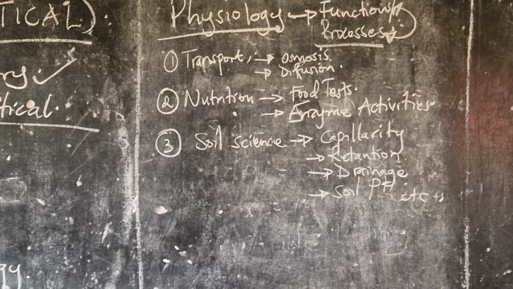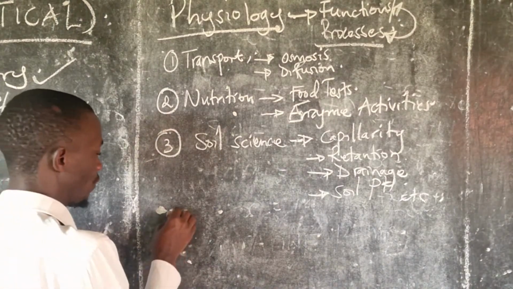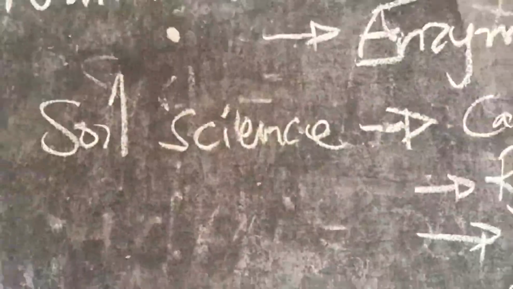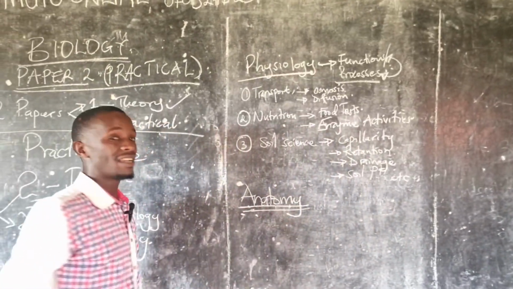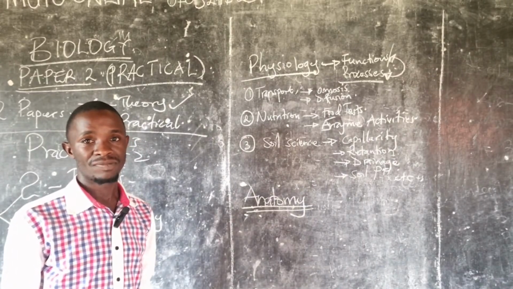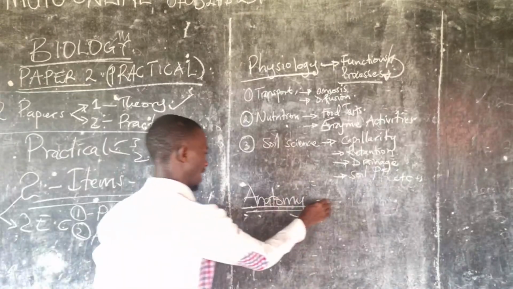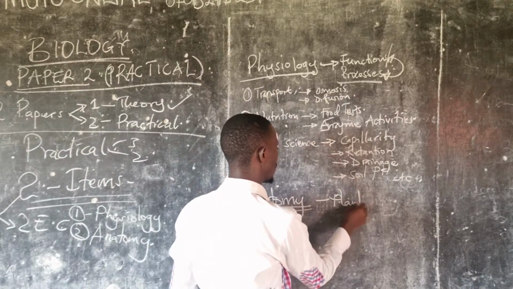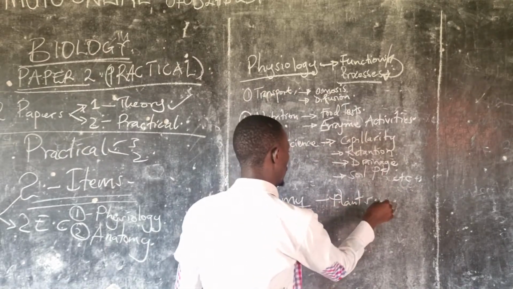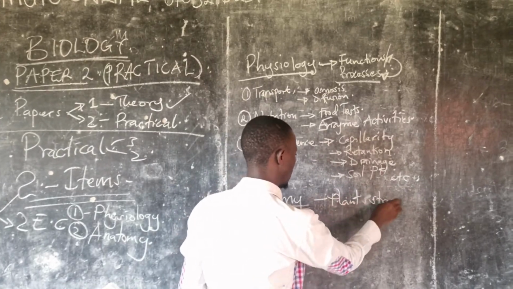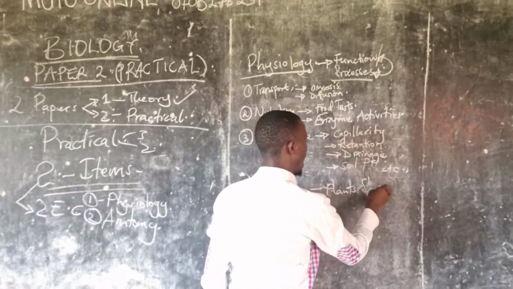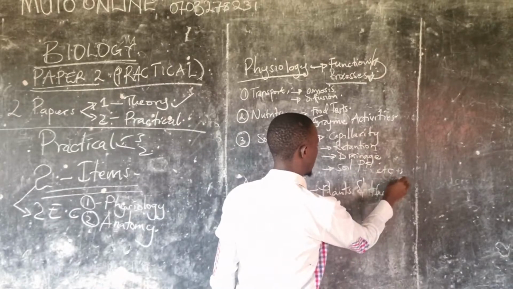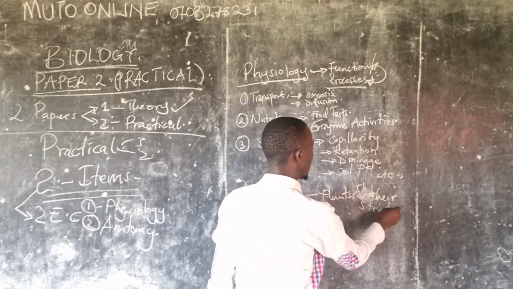So we shall still look at practicals of anatomy, a number of them, and here we expect very many. We looked at plants. We shall look at the plant structures, plants and their structures in details.